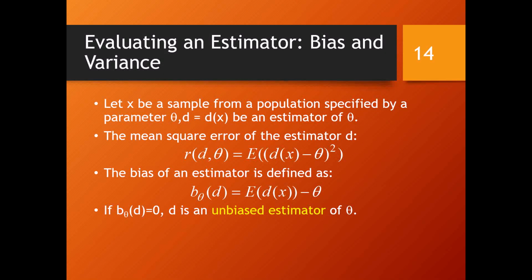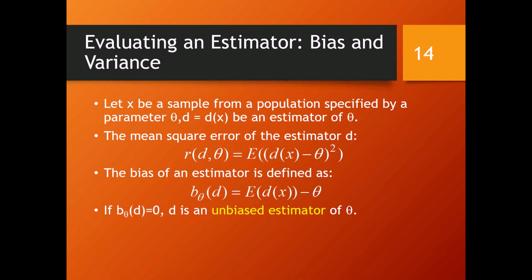But mean square error means you take the square. If we have a model that is denoted as d of x, because this model used the data x, d of x, to estimate the parameter theta, okay?